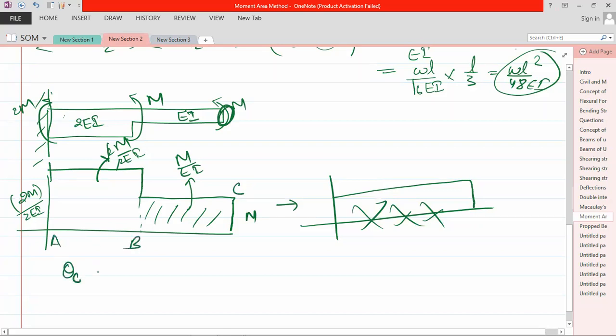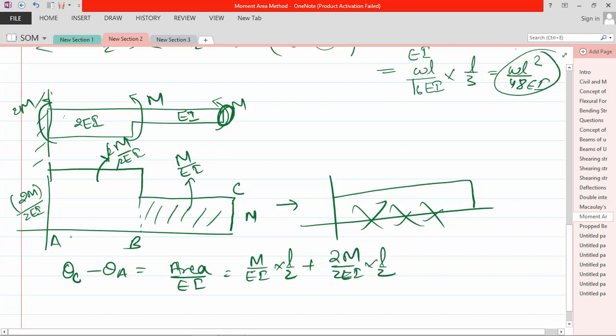You want to obtain theta C. So theta C minus theta A is equal to area divided by EI. What is the area? This area is M by EI into L by 2, plus this area, 2M by 2EI into L by 2, because this is a rectangle.